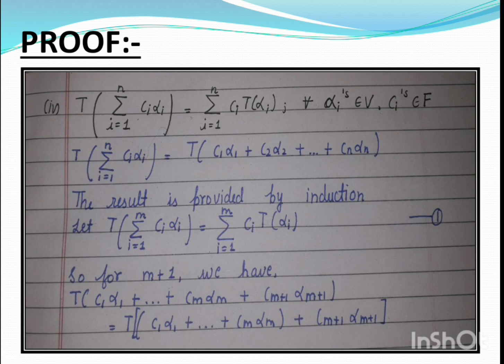Let T of the summation of i equals 1 to m of Ci alpha i be equal to the summation of i equals 1 to m of Ci T of alpha i. Let it be equation 1. So for m plus 1 we have T of C1 alpha 1 plus dot dot dot plus Cm alpha m plus Cm plus 1 alpha m plus 1, which is equal to T of C1 alpha 1 up to Cm alpha m plus Cm plus 1 alpha m plus 1.